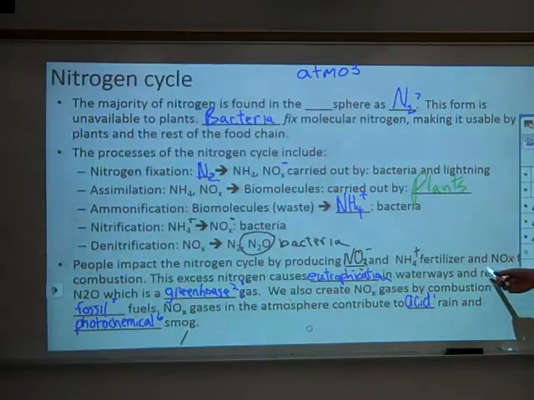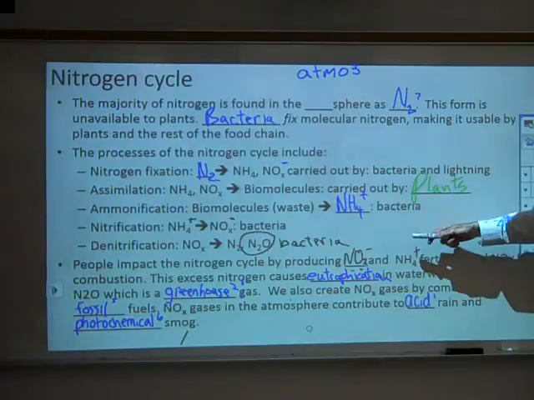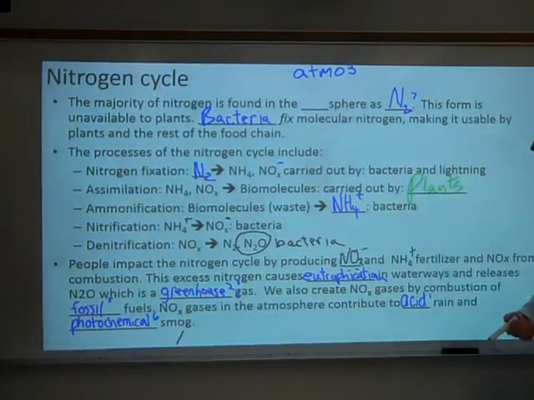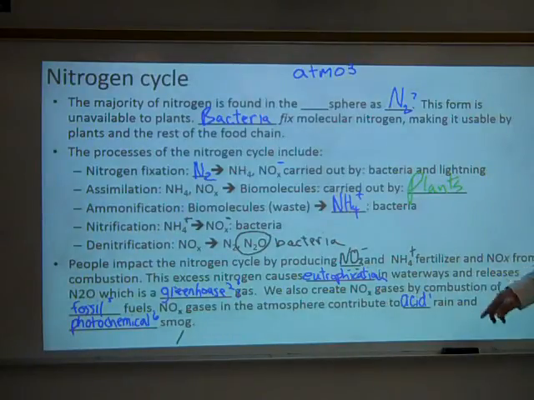And as I just mentioned, in the soil, the denitrifying bacteria eat, consume that fertilizer also, and they give off the N2O, which is a greenhouse gas. Oh, look at that, I repeated myself. Burning fossil fuels gives us NOx.